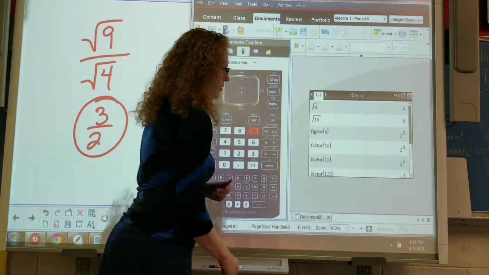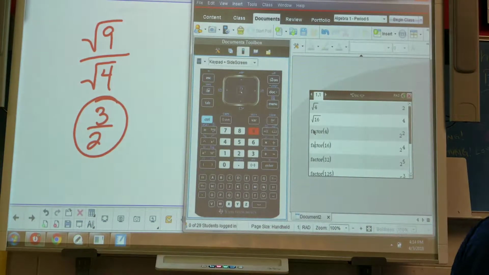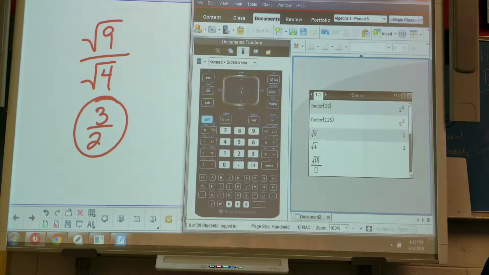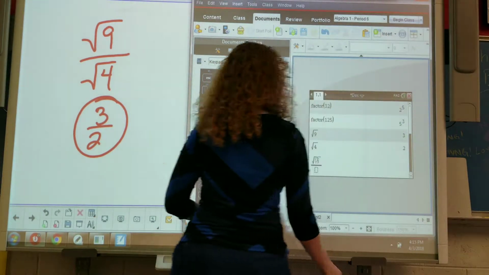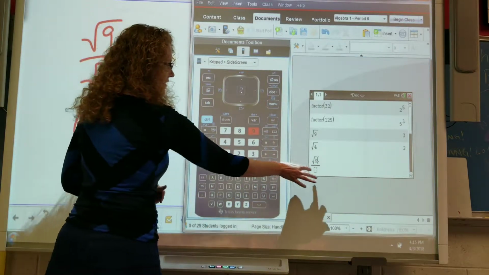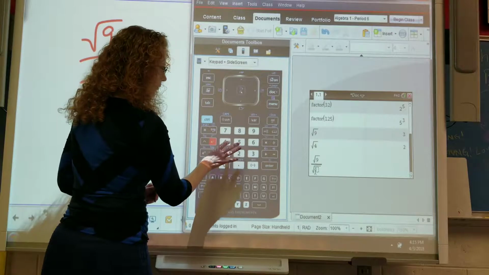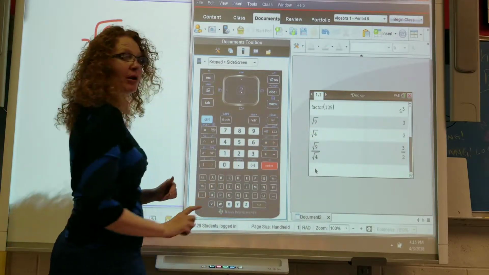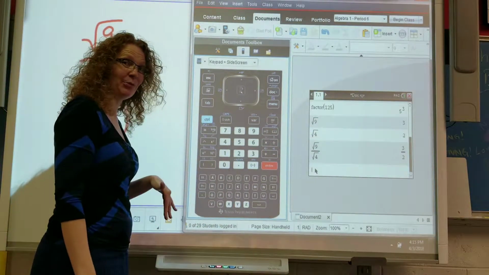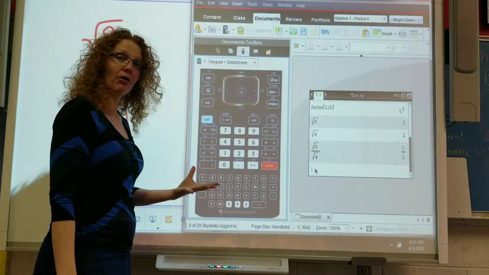And then let me scroll over here because it disappeared on me. Okay. So I can put square root of 9. And then down here, I can put control square root of 4. And it's actually going to give me the answer because this is a nice, easy one that works. But they're not all going to be like that.